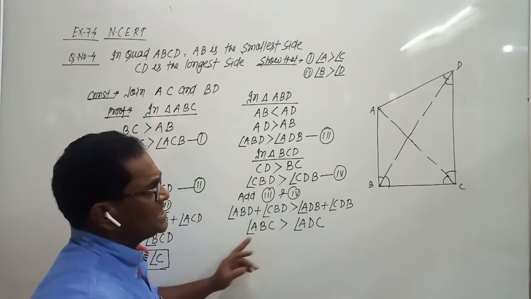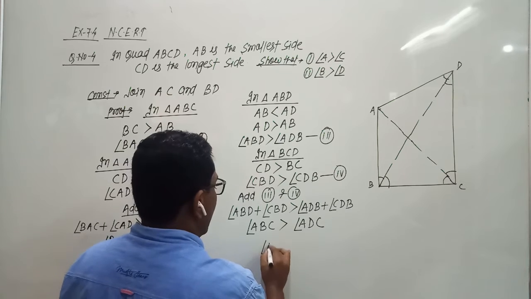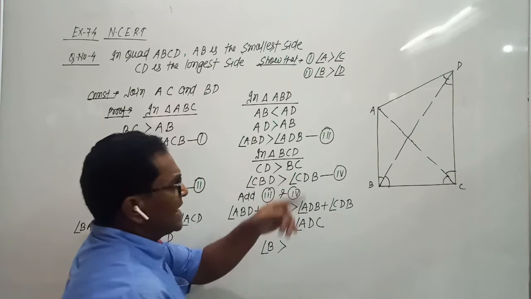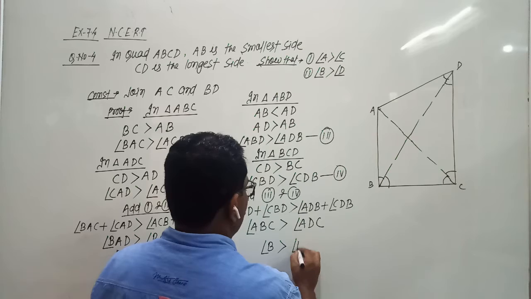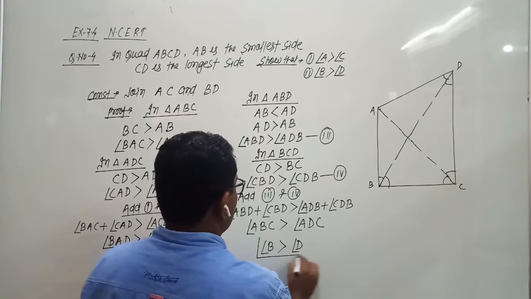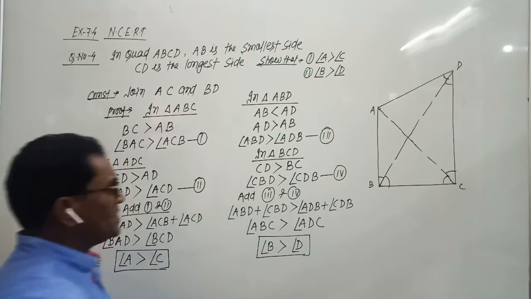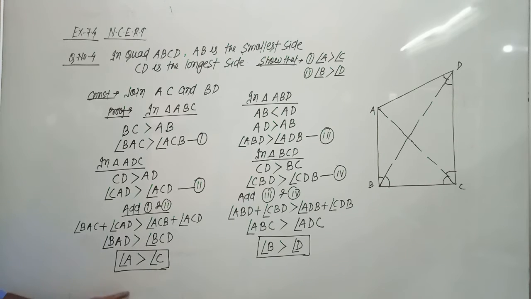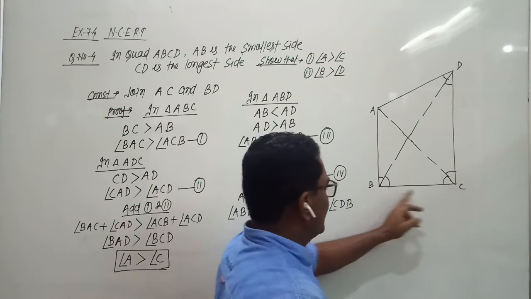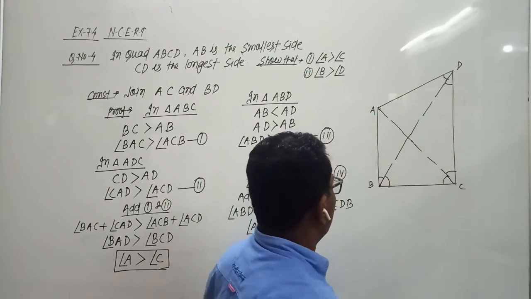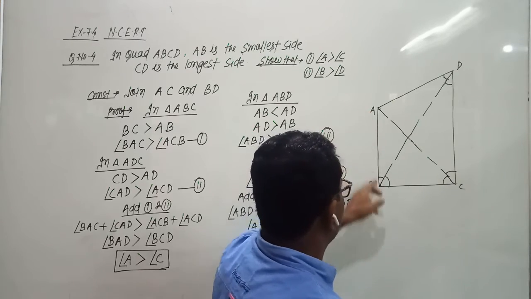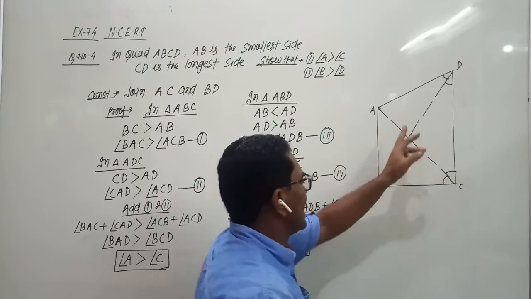So angle ABC is angle B and angle ADC is angle D. This is our second part. Angle B is greater than angle D, and the first part, angle A is greater than angle C. For the first part, we have taken two triangles, ABC and ADC. And for the second, we have taken two triangles, ABD and BCD.